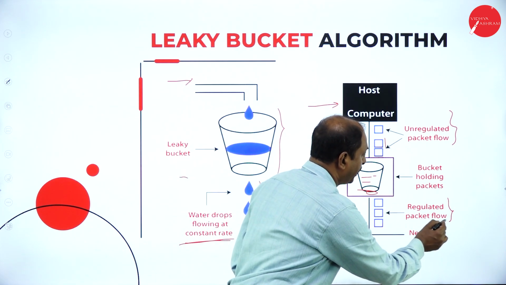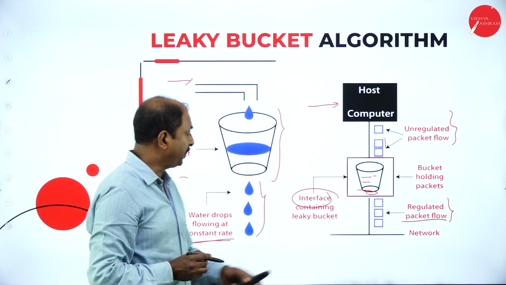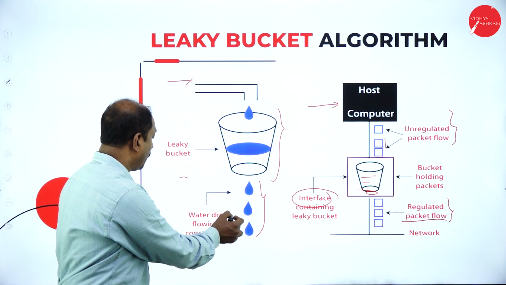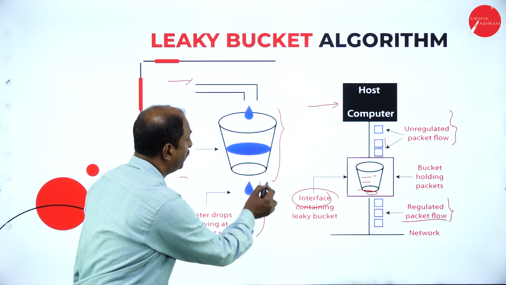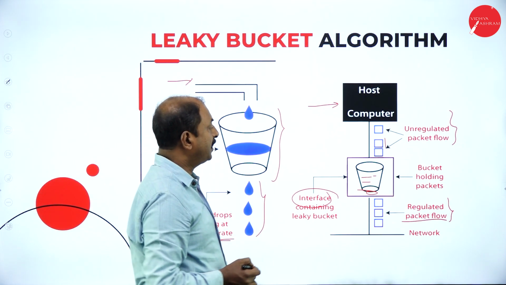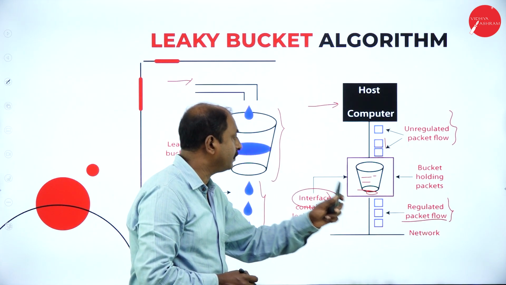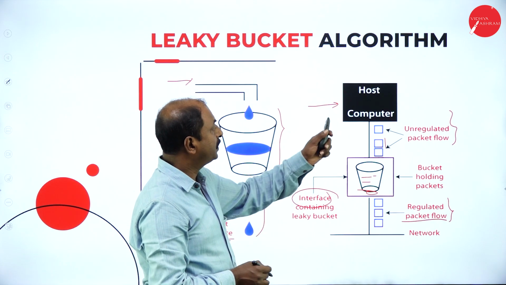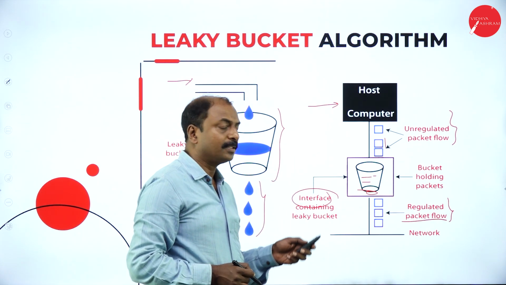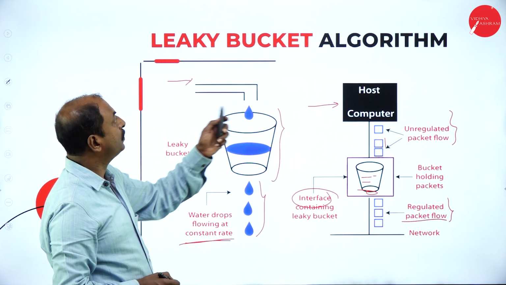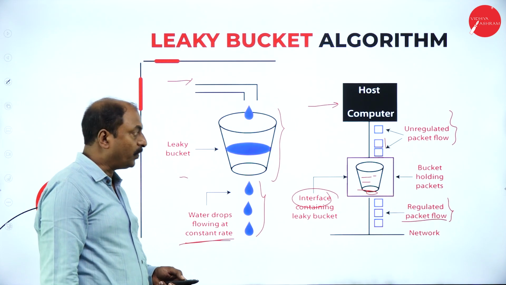It is nothing but a regulated data flow, as we have seen in the diagram. Water drops flow at a constant rate from the leaky bucket, and the same thing is applicable here to data packets in a computer network. This diagram shows how the leaky bucket algorithm works.